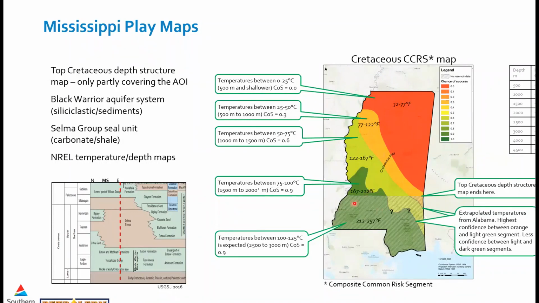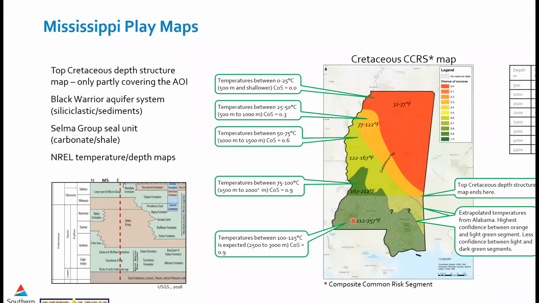Then we get into the very nice dark green color here, having a high chance of success of 0.9. The temperature has now increased to between 75 to 100 degrees Celsius, and even higher temperatures down here to the southwest, where it's of course a bit more uncertain because we didn't have the depth map, but the general trend and dip of all the sediments is going towards the Gulf of Mexico.